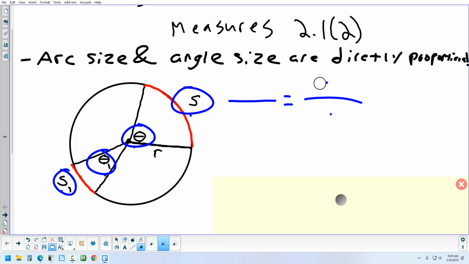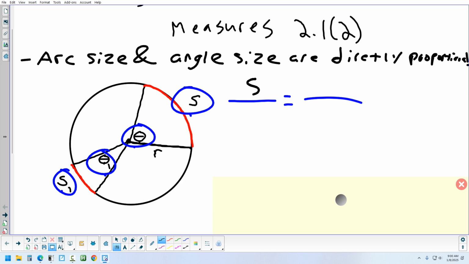So out of the 4 things I have circled, what could I put on the top in the left to start to set up a proportion? The arc? Sure. Which one? The first one, just S by itself. Okay.